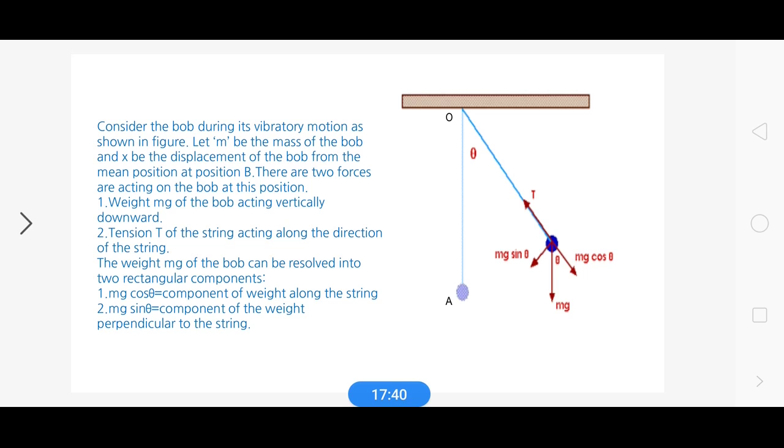The tension in the string is along the string and it is acting towards the rigid support, whereas the gravitational force, means the weight of the body, is acting in downward direction. So here these two forces balance each other, means the weight is balanced by the tension in the string in the mean or equilibrium position.